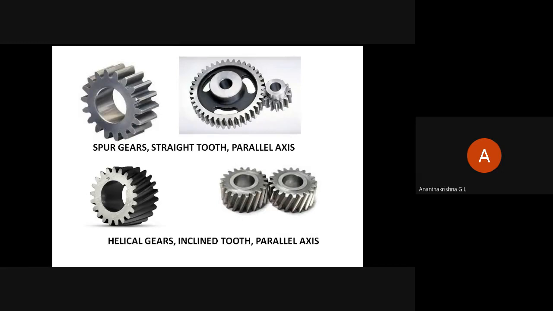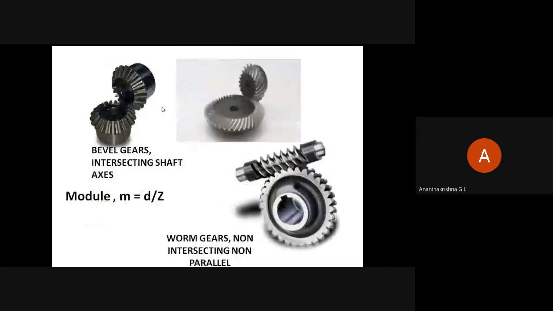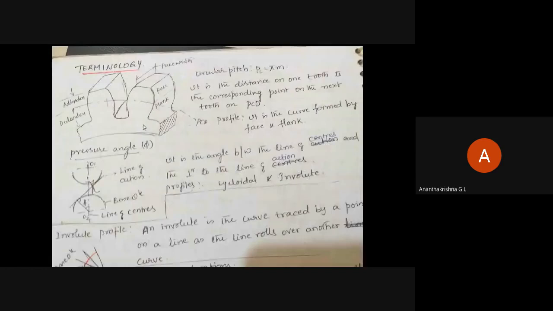As the module is more and more, the thickness of the gear tooth will be more and more. So bigger the module, bigger is the tooth, and bigger the tooth, bigger is its load carrying capacity.